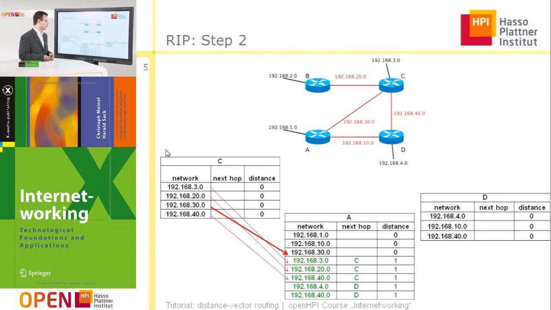Later, or in parallel with this process, it will receive the updates from router D, containing the routing table of the router D, and will again install it in a similar way as the information about networks from the routing table of the router C. However, it will also ignore the information about this network as soon as the hop count of router A is less than the hop count router D has plus 1.